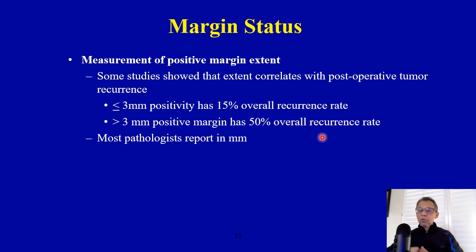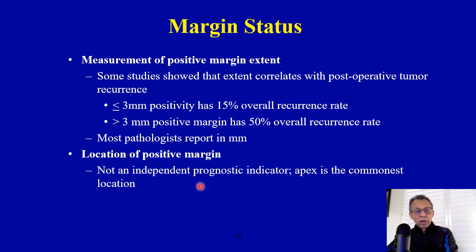A point that I would emphasize here is that nowadays, based on the margin positivity, urologists often don't give patients adjuvant treatment. This is somewhat different from what was practiced 10 years ago. Now they wait for PSA recurrence and then put the patient on a more salvage type of treatment.